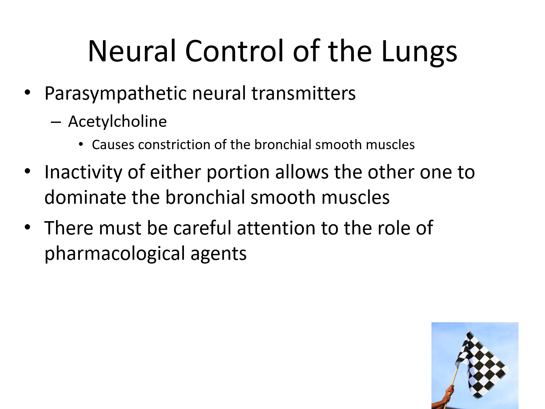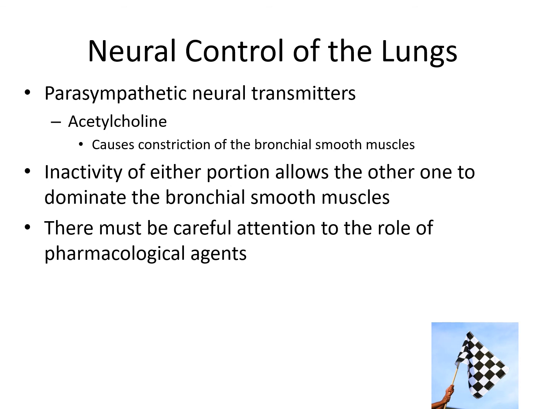All right, last slide before we break. Parasympathetic neurotransmitters. Remember, acetylcholine is the only one in the parasympathetic system, both pre and postganglionic, and this causes constriction of the bronchial smooth muscles. So inactivity of either the sympathetic or parasympathetic allows the other one to dominate.